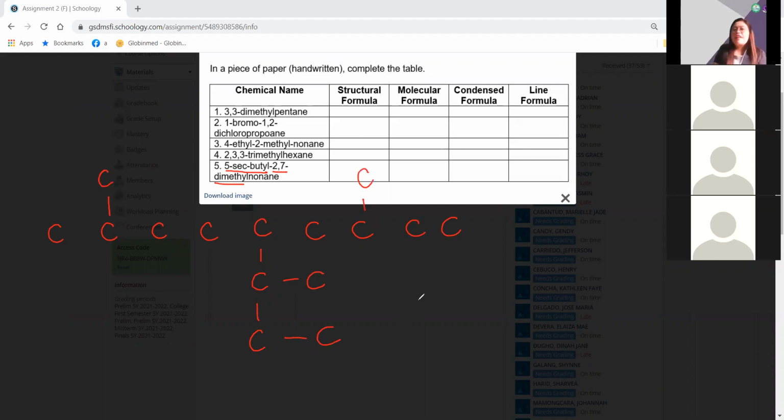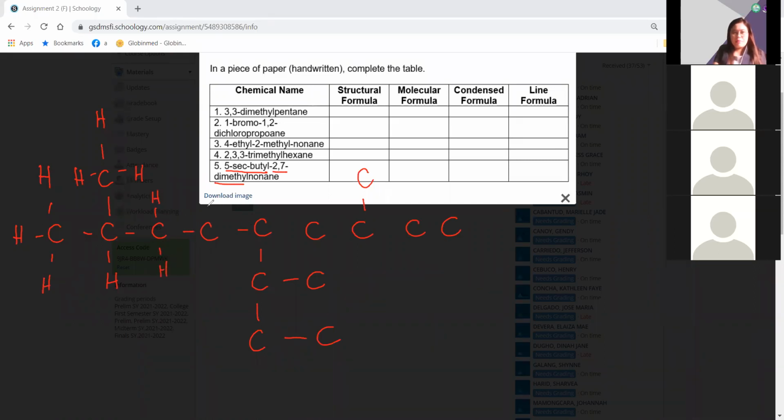And then after writing the substituents, that's the time mag-fill in tayo with hydrogen. So, kompleto lang natin yung 4 na bonds class. Basta 4 silang lahat. Ang mga kulang, lalagyan natin ng hydrogen.